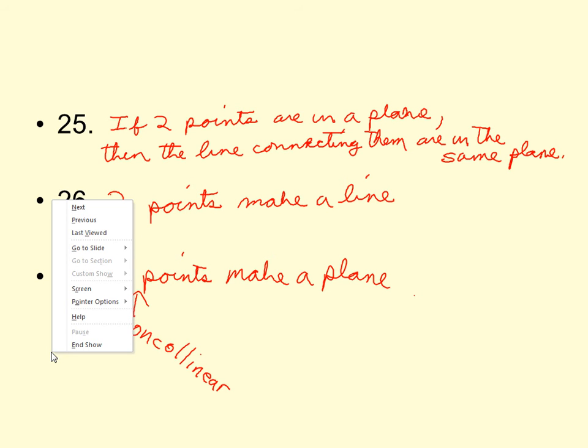Number 28. 28, you had to write a paragraph proof. In your paragraph proof, if I read through the problem there, it says point C is midpoint of segment AB and B is the midpoint of segment CD. Prove that segment AC is congruent to segment BD.